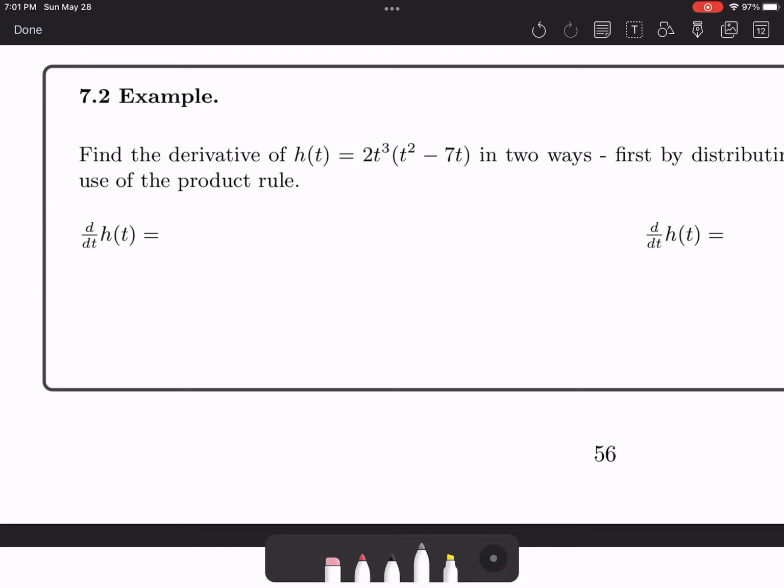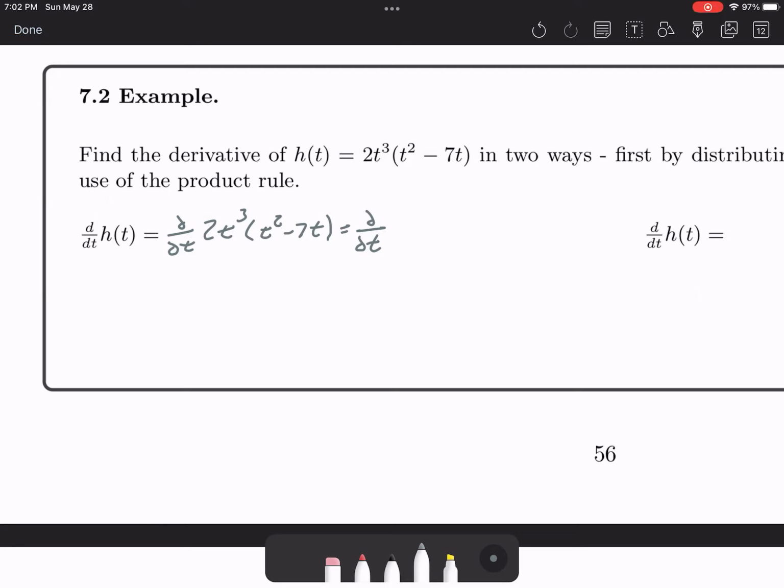So the derivative of h of t, let's first not differentiate just yet and just copy down what h of t is. 2t cubed times t squared minus 7t. The first way that we wanted to do it was to distribute and then differentiate.